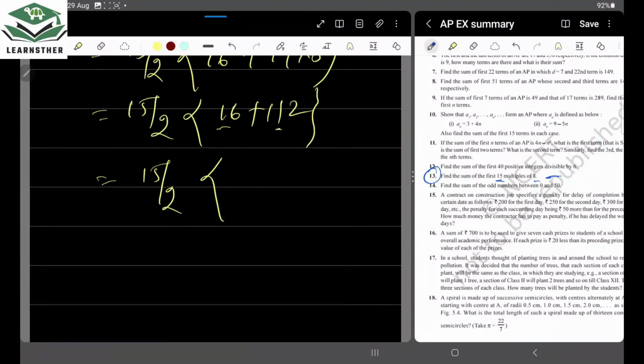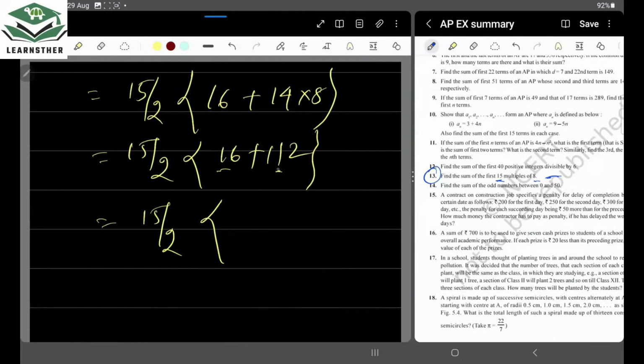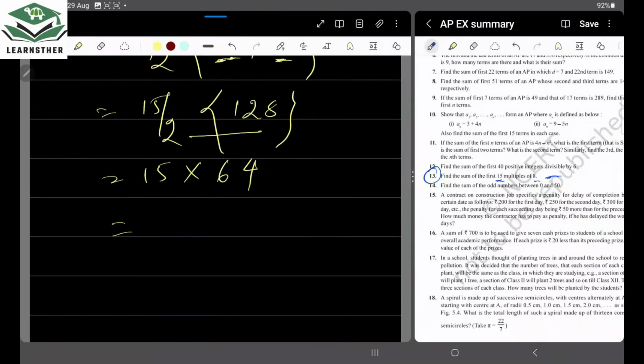So this is 112. So 100, 110, 120, 126, 128. 15, if you divide this by 2... Okay, now you can do it like this. 64 into 10 plus 5.